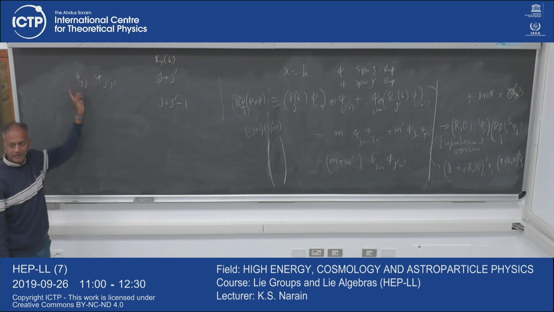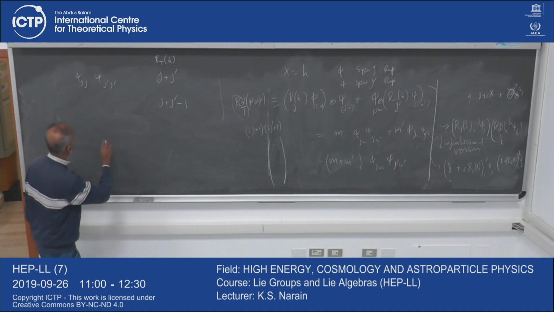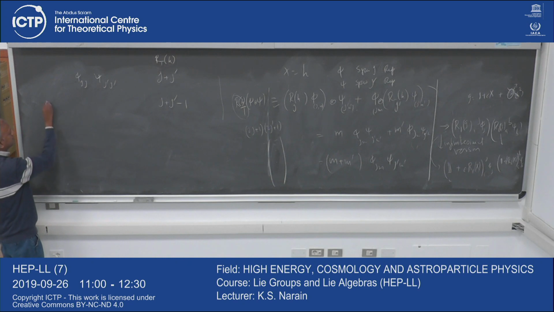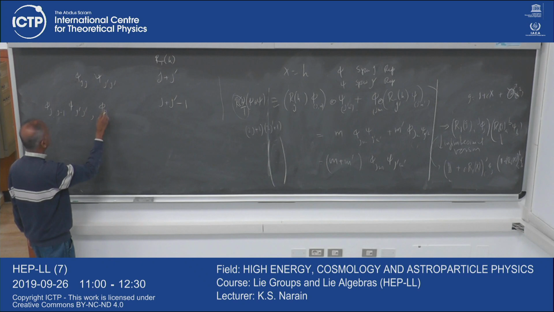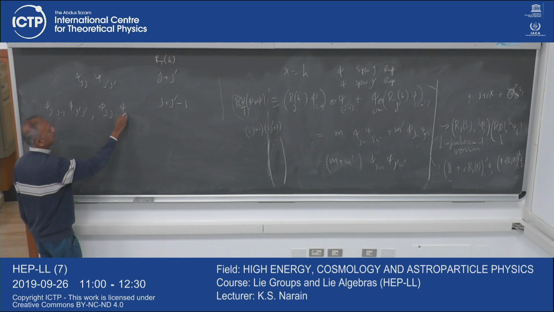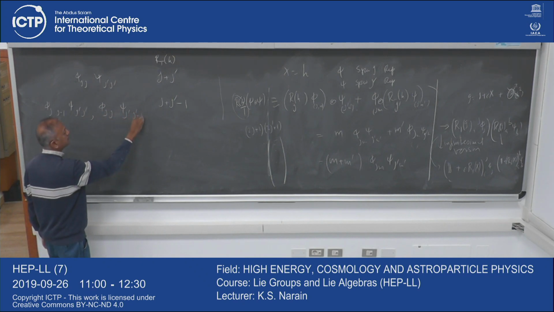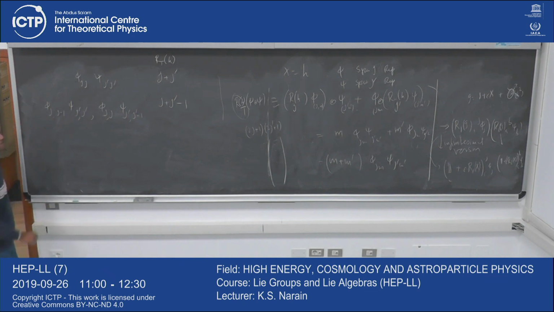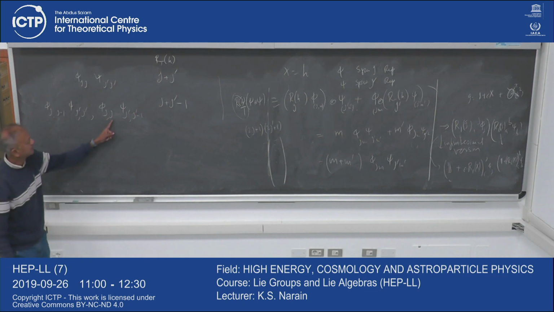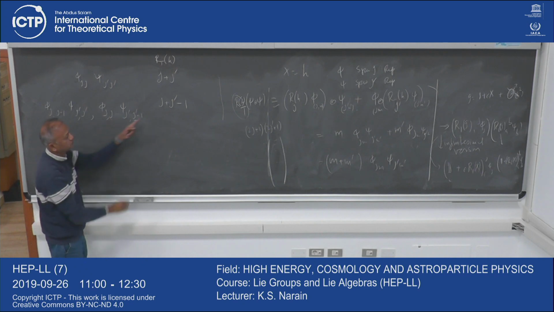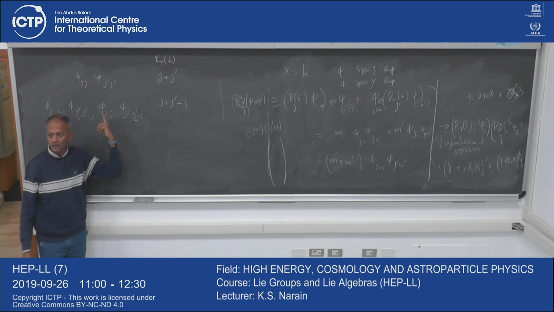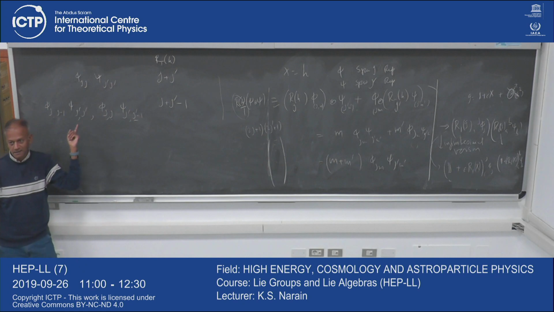So it will be a combination of the two. Actually there are two states: phi j minus 1 and psi j prime, that is one state, and another state is phi j and psi j prime minus 1. When you add up the m quantum numbers, you get that. So there are two independent states.